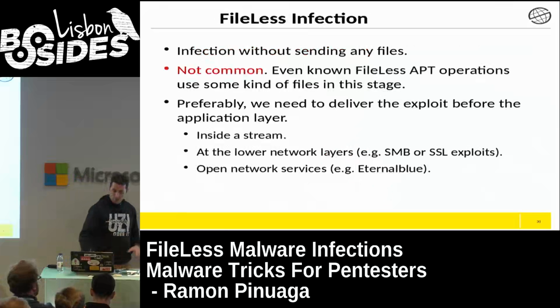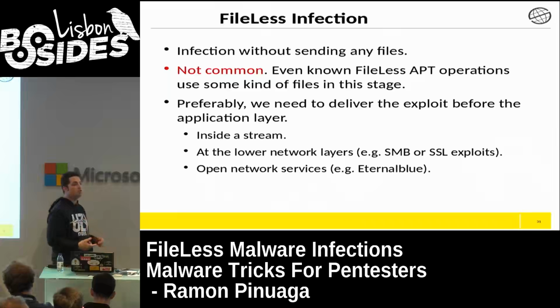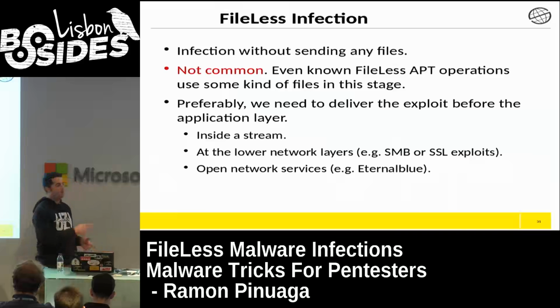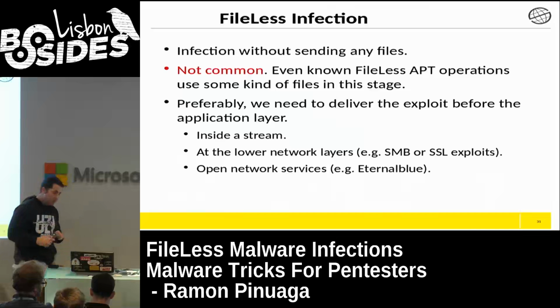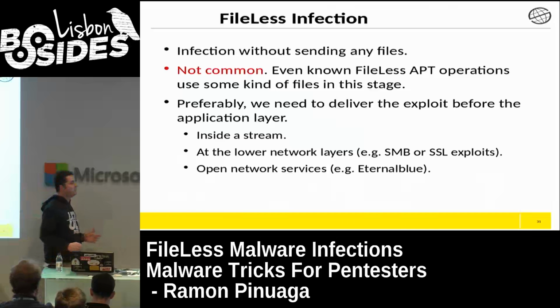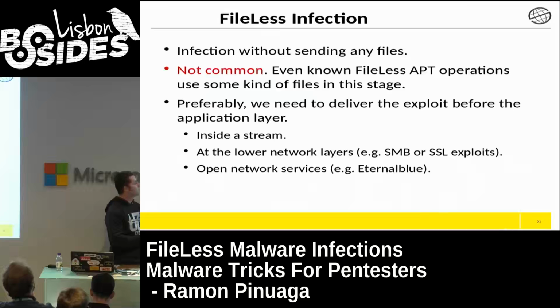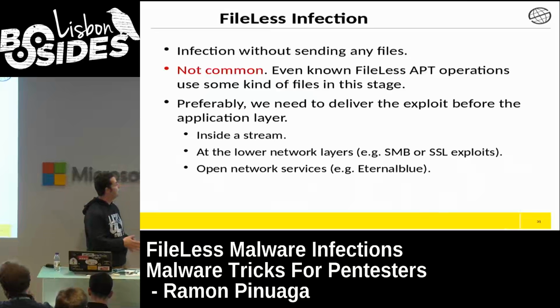First, we need a way of infecting a system without using any files, to make detection more difficult. This is not common. Even the malware families we have seen use files in this phase. So it's not easy to exploit a system without using any files. But there are some exploits that we can use for this kind of infection.